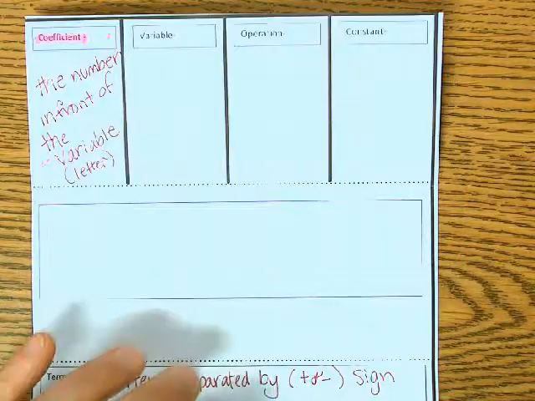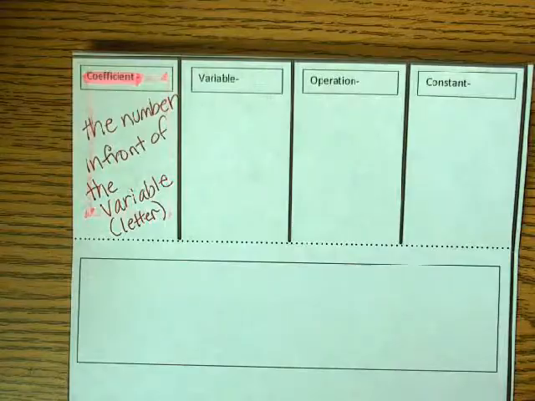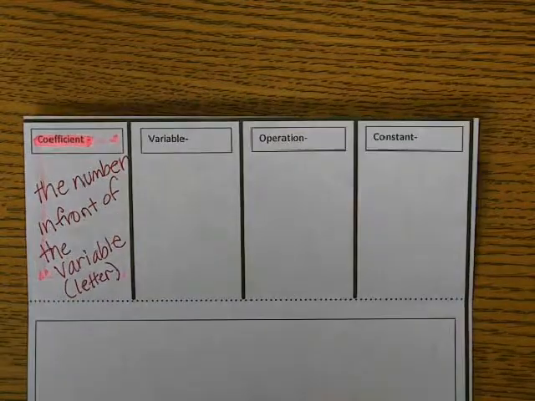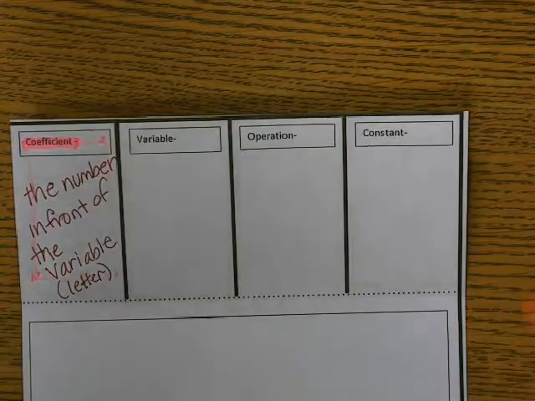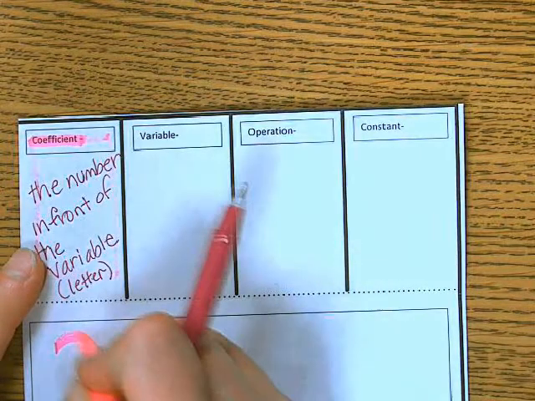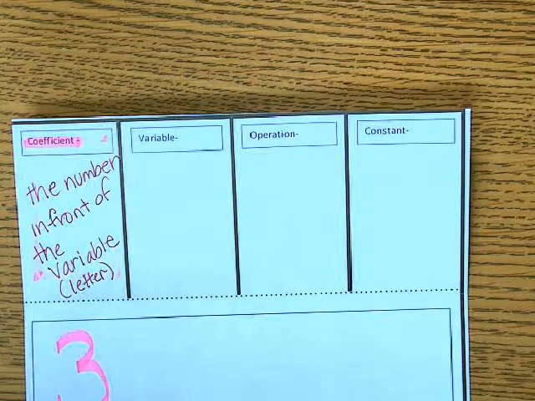Okay, so that 3 is my coefficient. It's the number in front of the variable or the letter. So I'm going to make this a 3 right here. That's the coefficient.